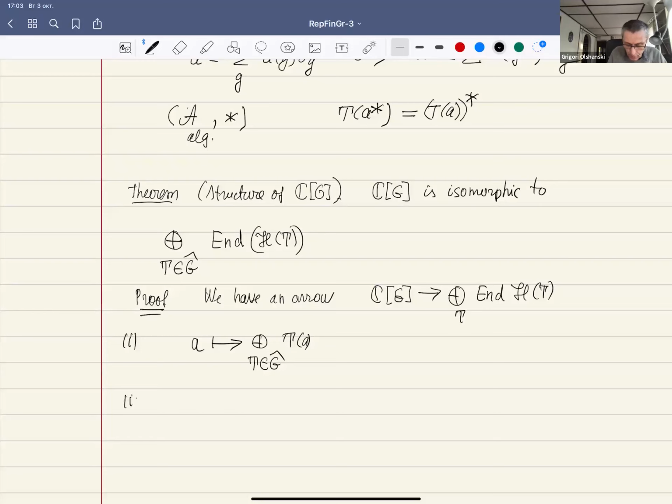The next remark is that the dimensions are the same. The dimension of the group algebra is equal to the order of the group.